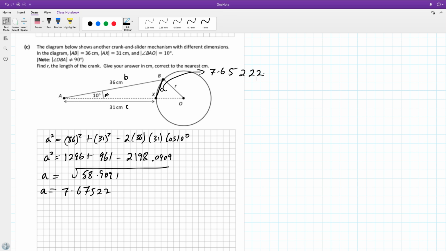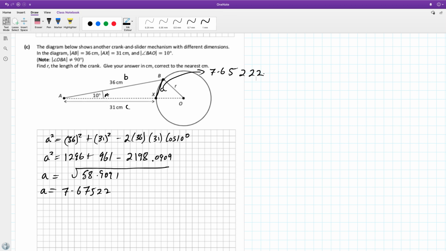Why are OBX and OXB the same? When have you ever seen angles the same in a triangle? Not equilateral. Isosceles triangle. Why is that an isosceles triangle? They're both radiuses, both lengths.